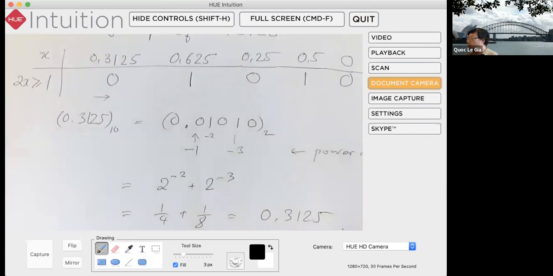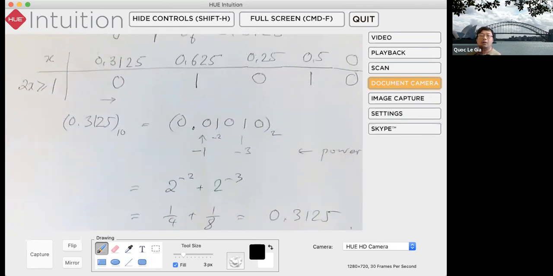So what does it mean by normalized form? So normalized form is, you have the first digit. So the normalized form is the first digit will always equal 1. Yeah.